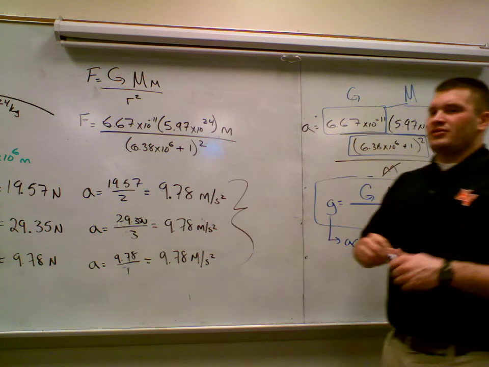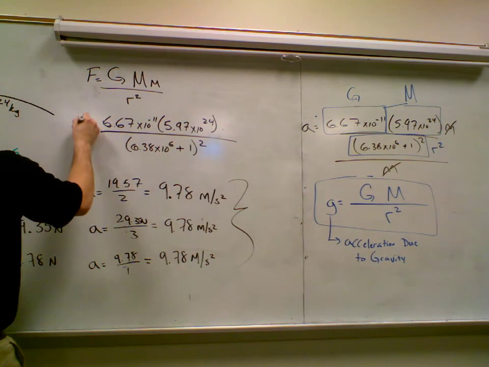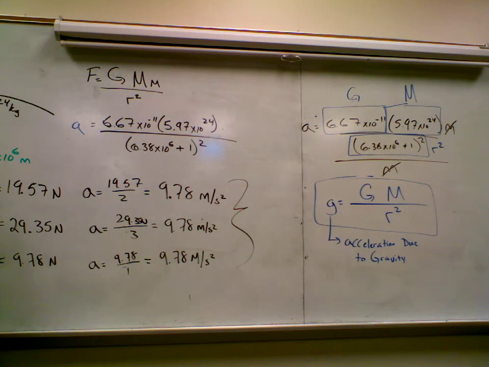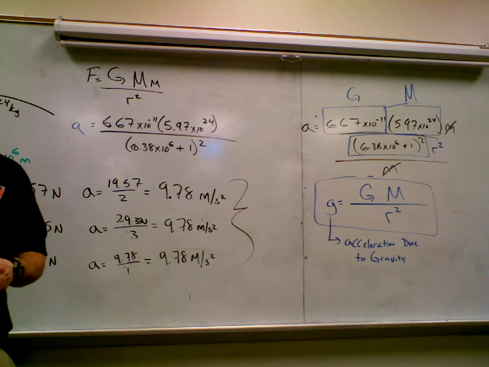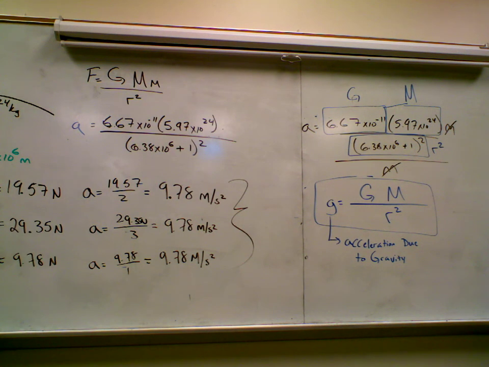If you don't believe me, then go through and multiply these out. So g is always going to be the same for every single equation that we do. Big G is always 6.67. I'm going to guess that we're going to have to find the mass of things at one point. We can use that to find the mass and the radius.